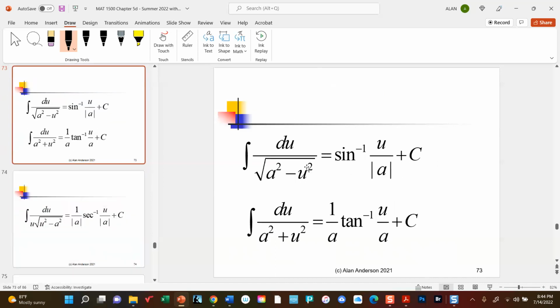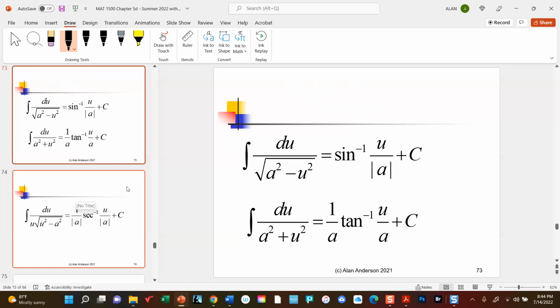So if you look at this first one, for any constant a, if your integral is du over the square root of a squared minus u squared, then the integral of that is the arc sine of u over absolute a, plus the constant, of course. If the denominator is a squared plus u squared, that works out to be 1 over a times the arc tangent of u over a plus c. And then finally, the last one involves the arc secant.